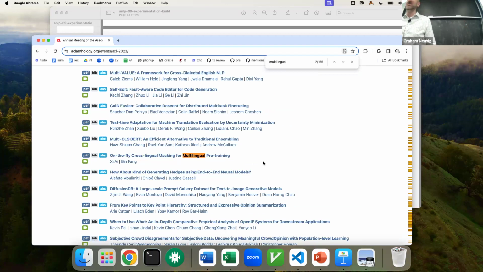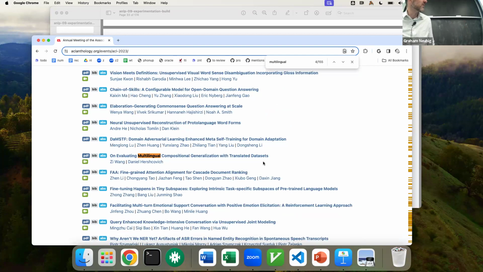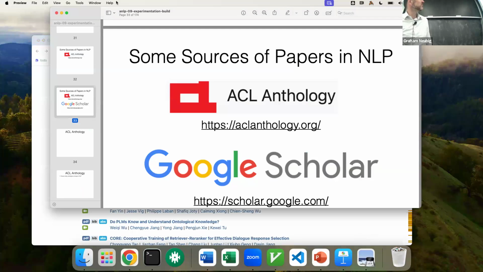That was not intentional. I didn't know that was going to happen. So: on the fly cross-lingual masking for multilingual pre-training, scaling multilingual corpora and language models to 500 languages. That seems pretty relevant. Evaluating multilingual compositional generalization. So you can just go through here and see a bunch of papers that could be useful.